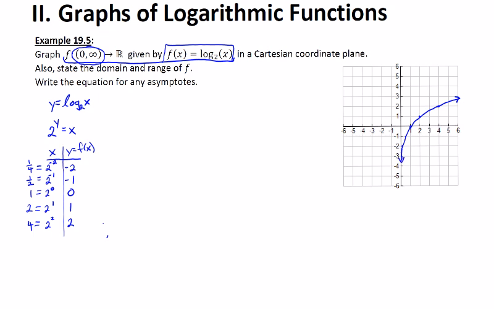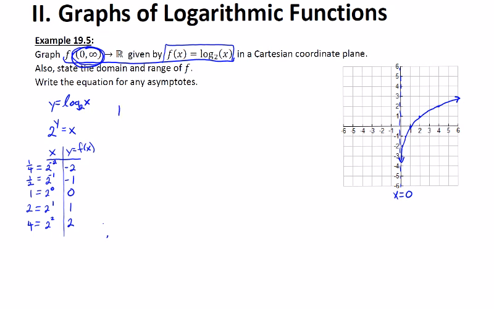So we're going to have a vertical asymptote here located at x equals 0. And our curve is going to be increasing, going from left to right, but it's never going to get past that vertical asymptote, hence why the domain is just from 0 to infinity.